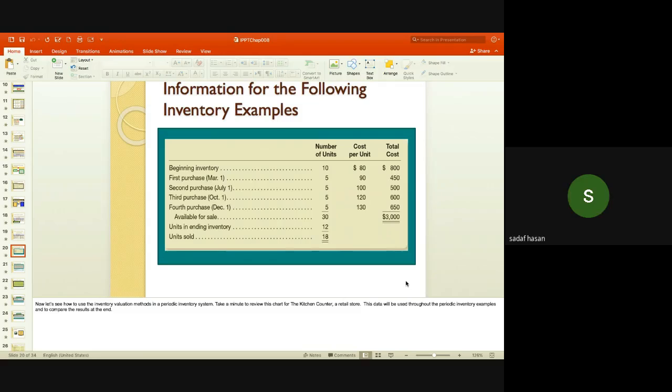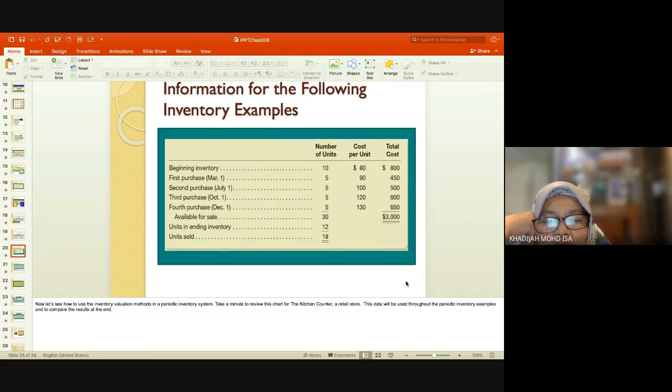Yes, ma'am. Okay. So you have opening balance of 10 units, total 800, and then you have purchases. From total purchases plus your opening stock, you have 30 units, and total cost is 3,000. So that is what we call goods available for sale. But when you do your stock take, you find out at the end of the day, I only have 12 units left.